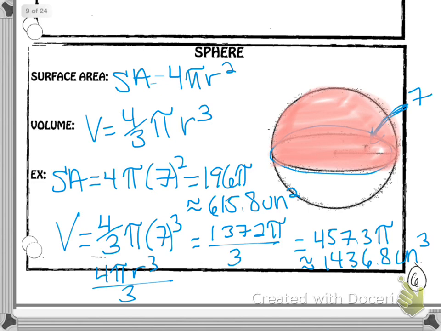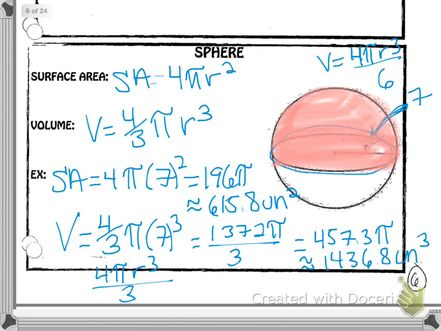We're taking half, so for volume you would just cut this in half. So for a hemisphere you would have 4 pi r cubed divided by 3 divided by 2, or 4 pi r cubed divided by 6. That would simplify too, so that would be your volume.